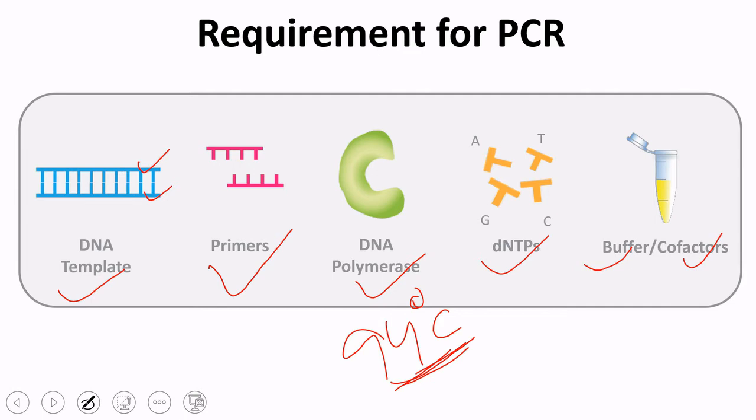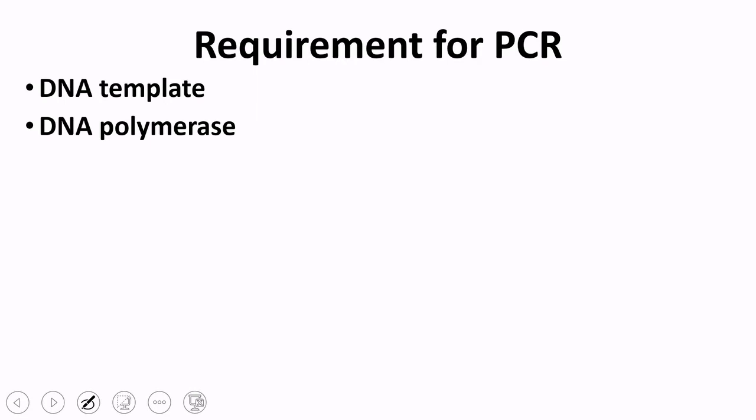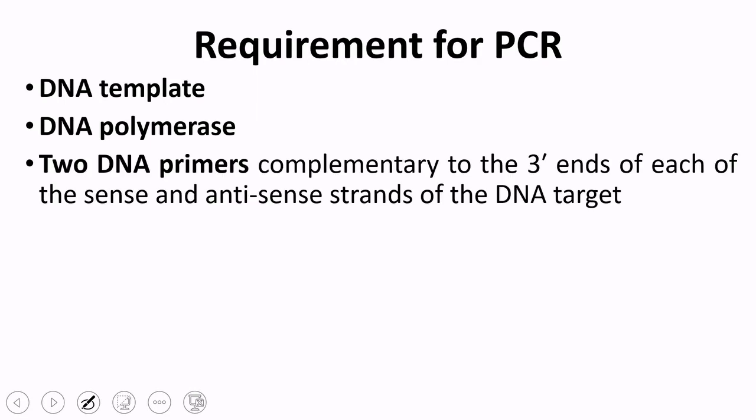If we go into a little more detail on the requirements, we require a DNA template that will be double-stranded DNA. Then we require DNA polymerase. We require two DNA primers, one for each strand, complementary to the 3' end of each, the sense and antisense strand of the target DNA.